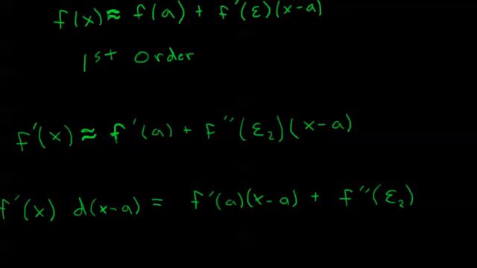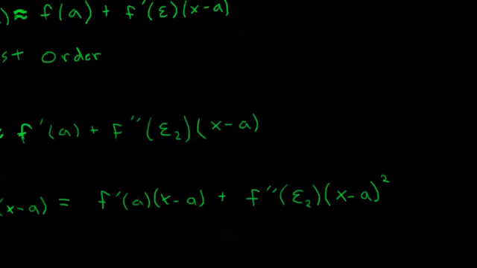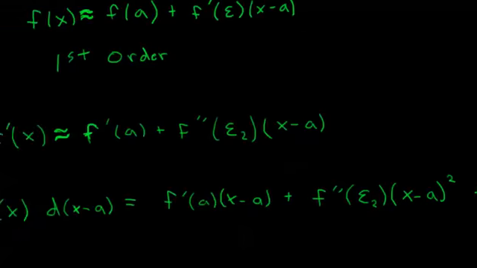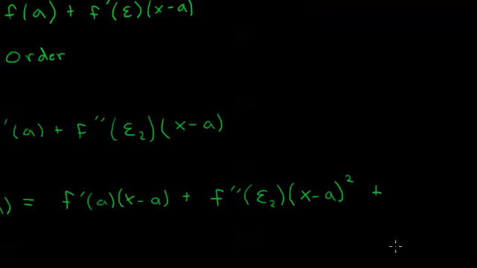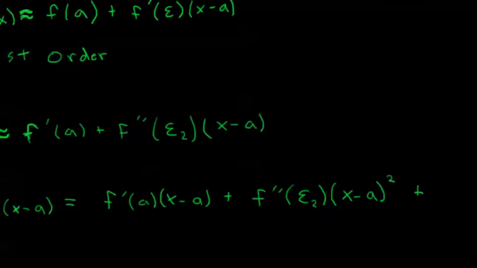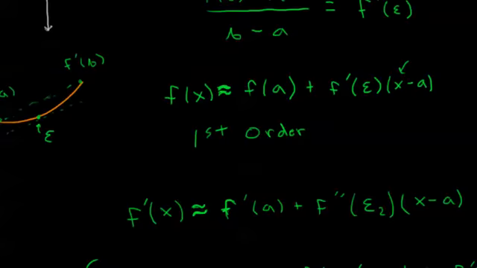So now we have to multiply this term by x minus a squared. And then, since this is an indefinite integral, I need to add a constant of integration. If I look ahead, I know how to evaluate this constant, because if I plug in a, this has to equal f of a that I have all the way up here.